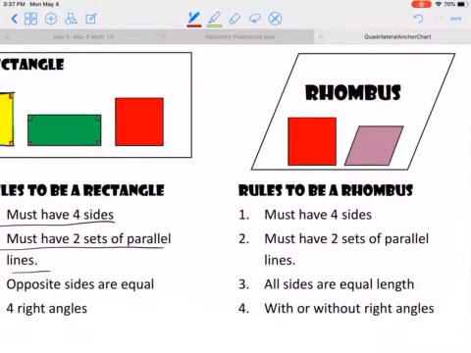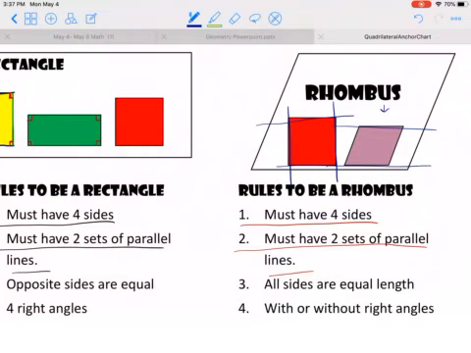Here are some rules to be a rhombus. So a rhombus must have 4 sides, must have 2 sets of parallel lines. So if we look here, there's 1 set of parallel lines, like train tracks never going to cross. And then there's the second pair.